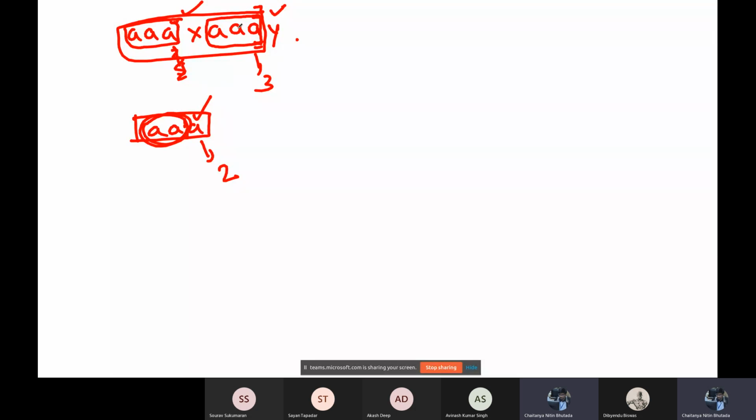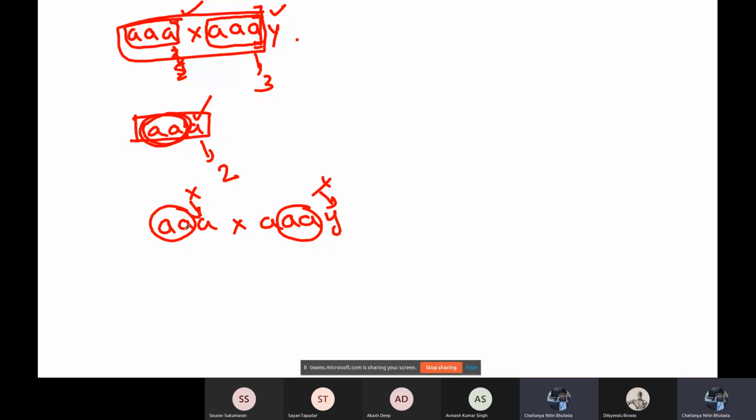Now we will compare. We know this block and this block are in contention of being the pi values. So now we check A with Y. This also is not the same.